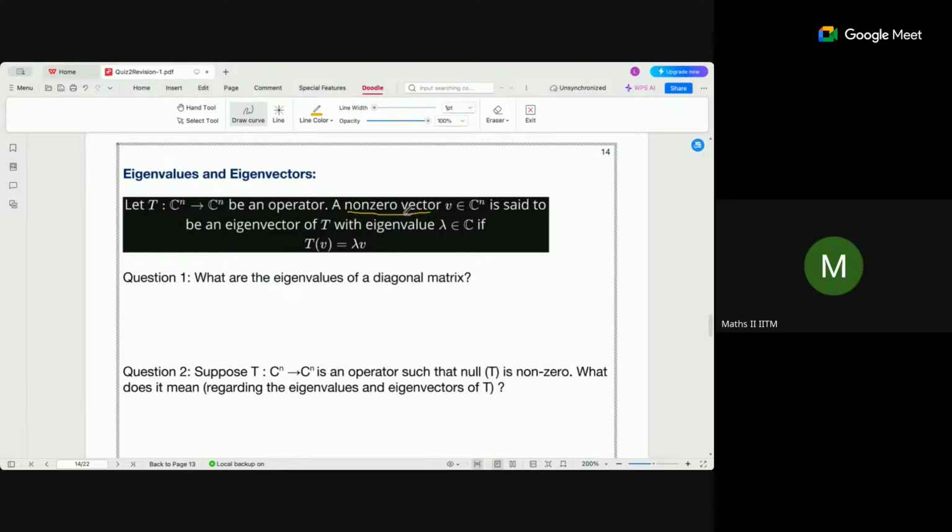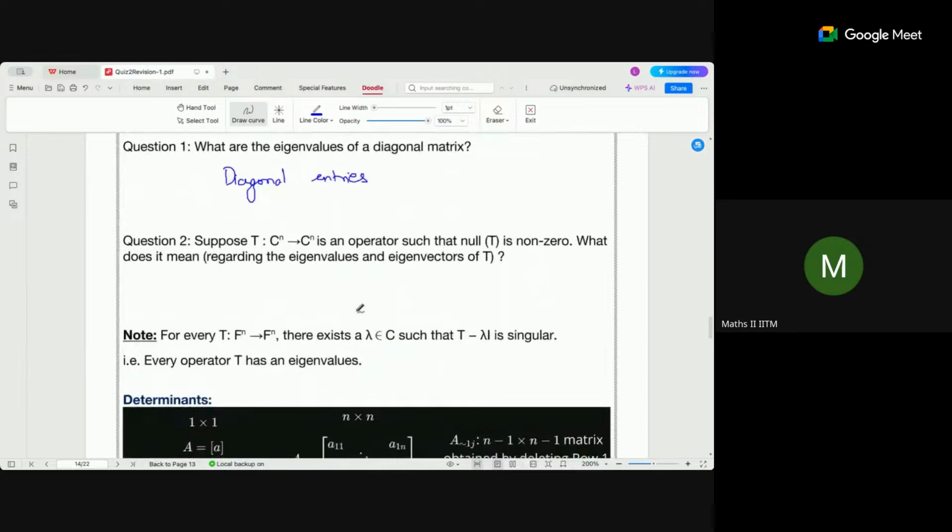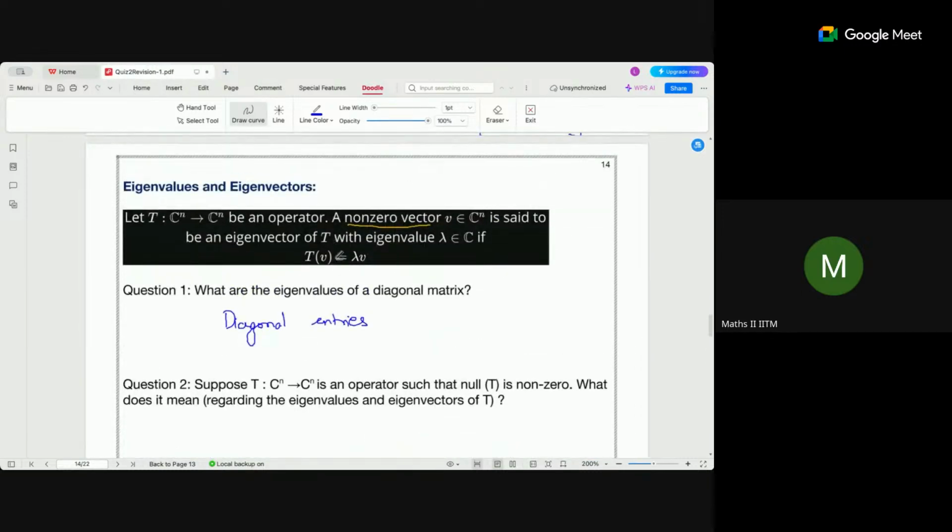Okay, fine. What are the eigenvalues of a diagonal matrix or triangular matrix? Diagonal entries. Yeah, so the answer is diagonal entries. Okay, first of all, can we rewrite this like this?